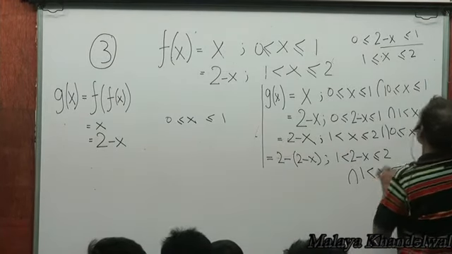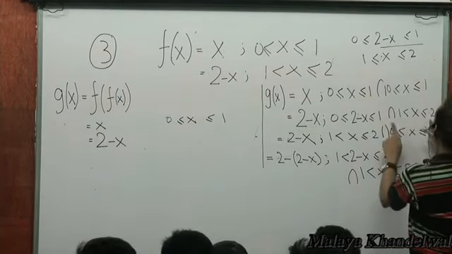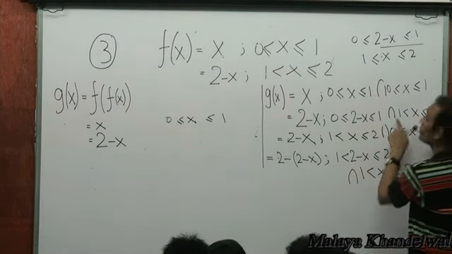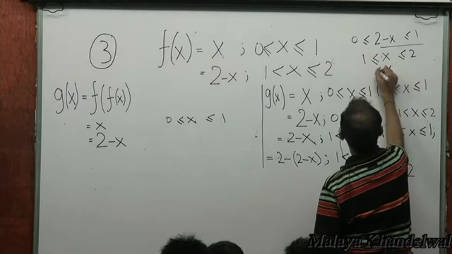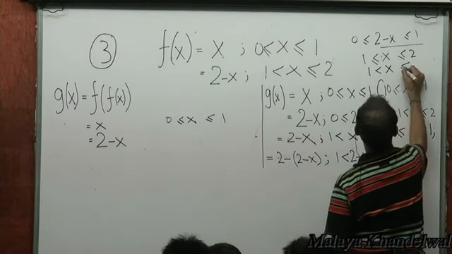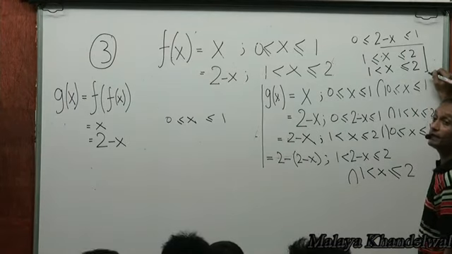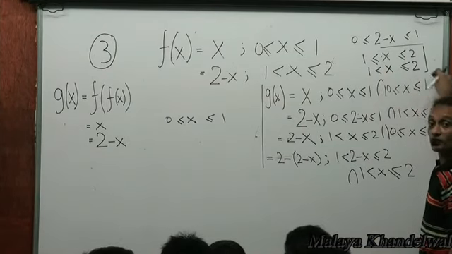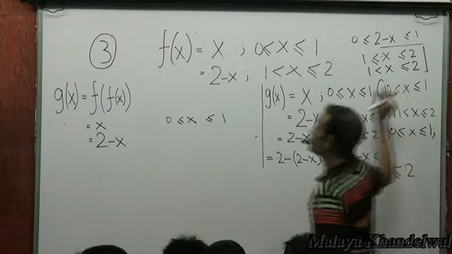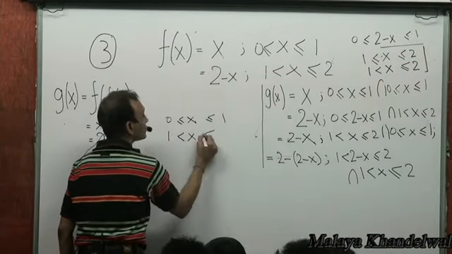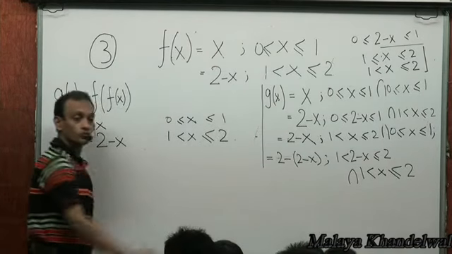And this along with this condition must hold good. x must be greater than 1, less than or equal to 2. If I look at the intersection of these two, what will I get? x greater than 1, less than or equal to 2. So the second line is x greater than 1, less than or equal to 2.